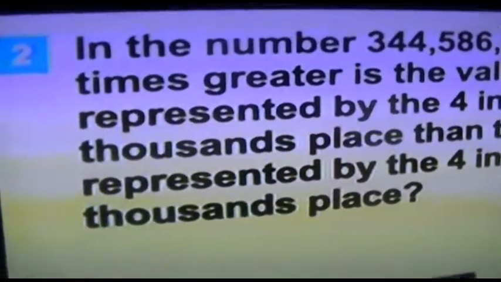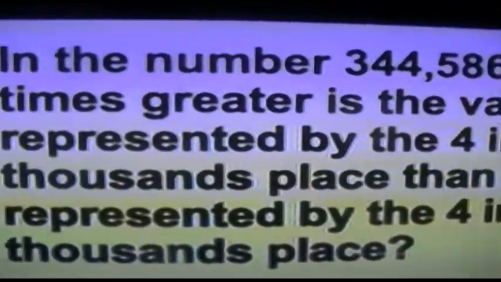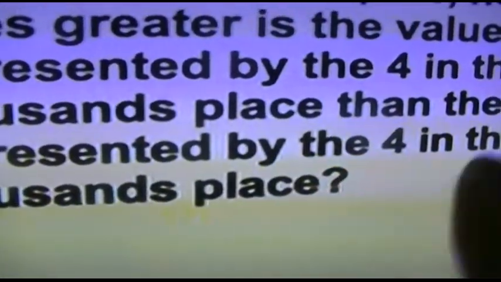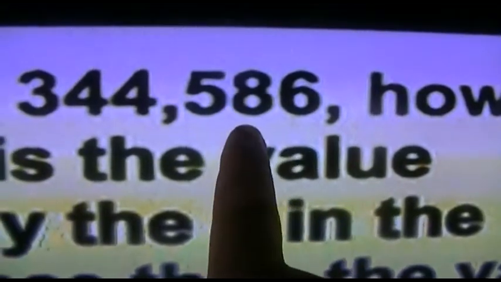So really, all they're saying here, okay, is they're talking about places. Now, I remember learning this in the 1st grade. Ready? See if you remember. Follow along here. Ones, tens, hundreds, thousands, 10,000s, 100,000s.